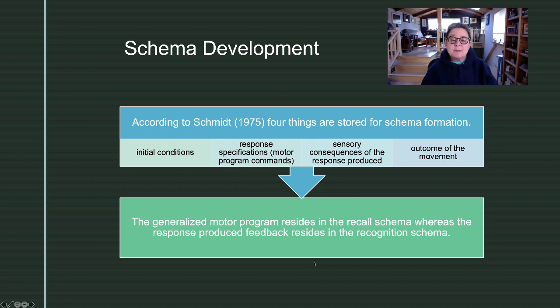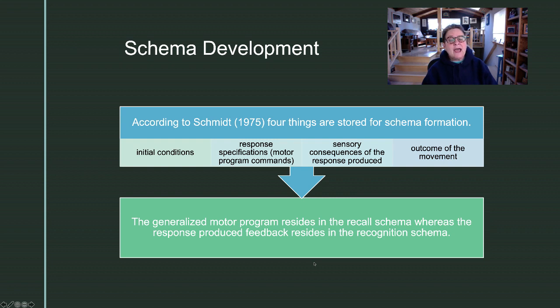The response specifications, or the motor program commands. In other words, how fast is the arm going to move? How much force will the arm put in, or the hand put into the ball? All of this relates to the exact motor program commands.